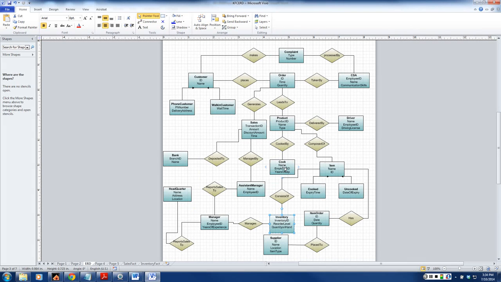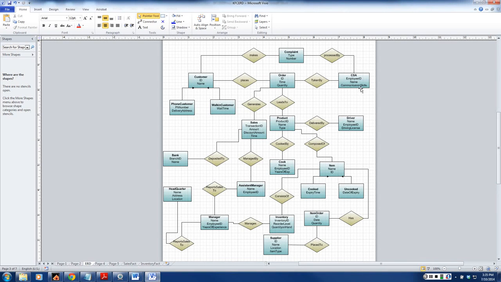Product is cooked by cook, then sales is managed by assistant manager, who makes the deposit to the bank, and the assistant manager reports to the headquarter. Inventory is managed by manager. This is one of the key roles of the manager, to manage inventory. So we can see the differences. We also have a CSA, which is customer service agent, and we need to distinguish customer service agent from the rest of the employees.